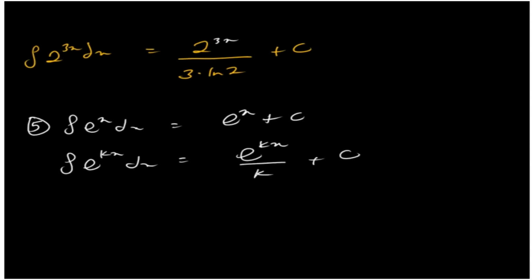These are the basic rules of integration. So if I give you e to the power of 2x, how do you integrate this? You say e to the power of 2x divided by 2 plus c.